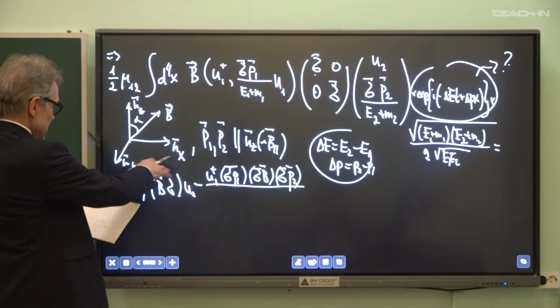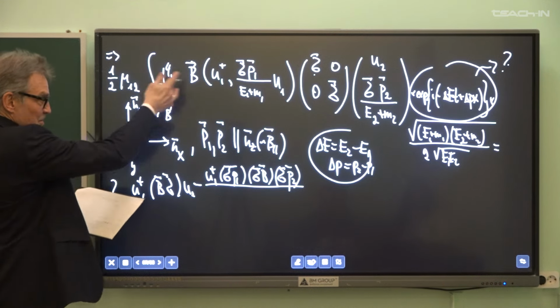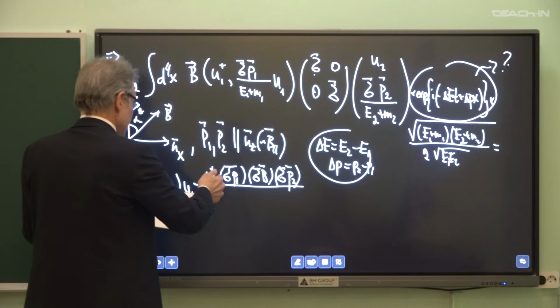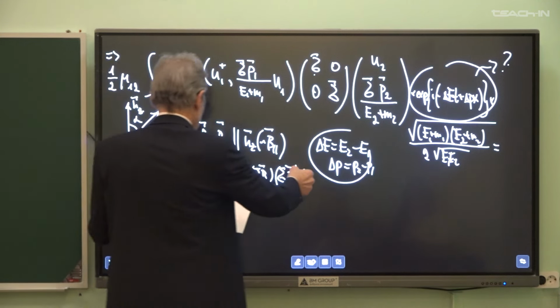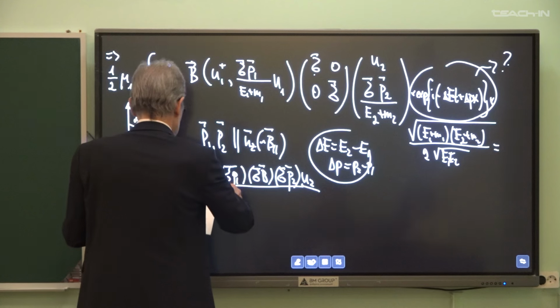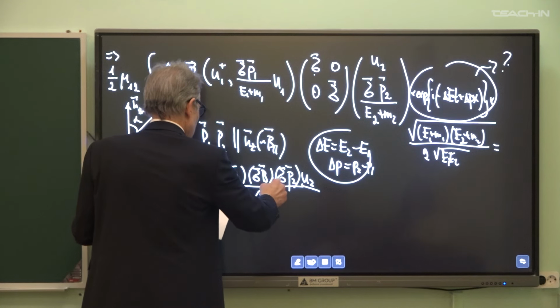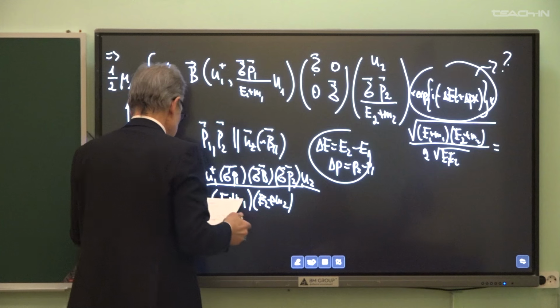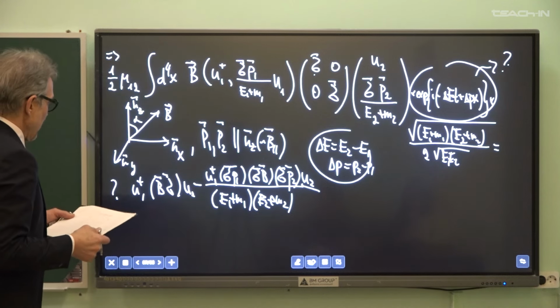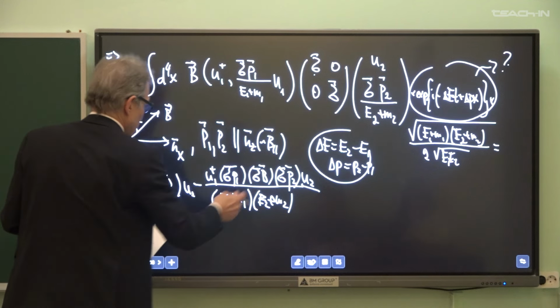We should examine the typical terms here to evaluate further. Here I should put also U2, not missing this, and also the denominator E1 plus M1, E2 plus M2. Okay? This is 1, this 2, 1, and 2.